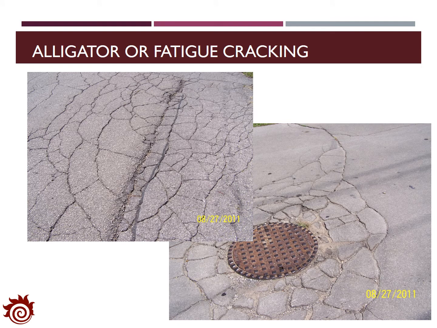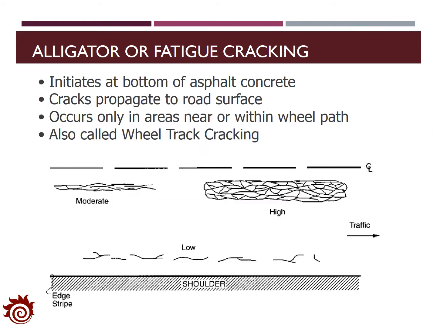These 2 figures show several examples of the alligator cracking caused by the repeated load. And if we pay attention to some local roads, you will find some similar patterns. Usually the fatigue cracking initiates at the bottom of the asphalt concrete, and this kind of crack will propagate upward to the road surface.